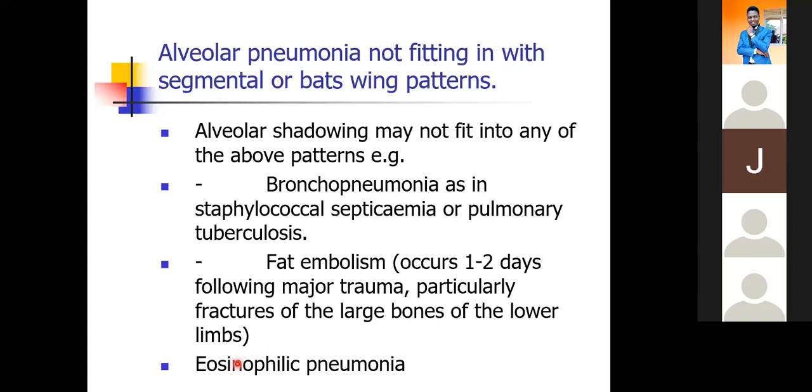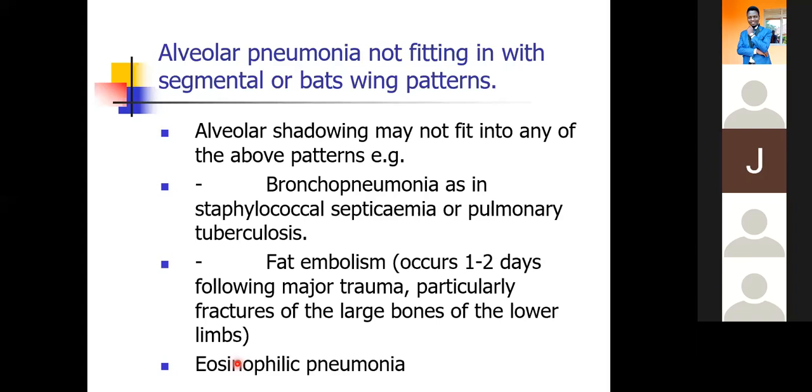Its pattern is in such a way that we have these airspace opacities starting from the peripheries of the lungs and then moving towards the hila.